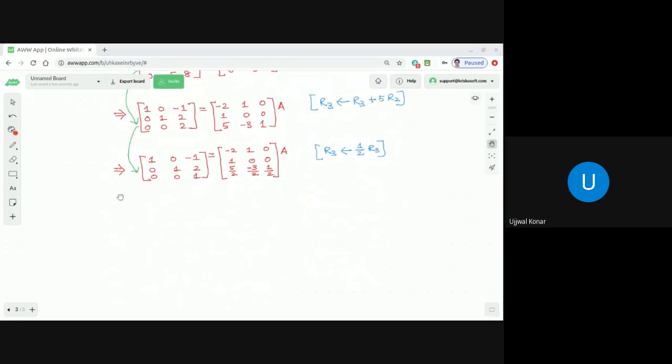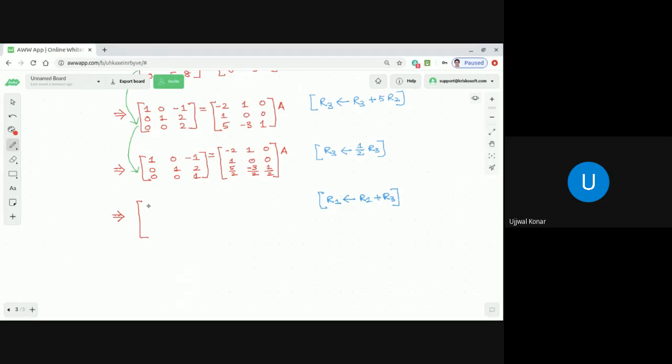What is the next step we can think of? Dear students, the next step is that I am going to make R1 become R1 plus R3. That means my new R1 should be R1 plus R3. So let me write the operation first: R1 is R1 plus R3. If we do this operation, R1 is going to change.